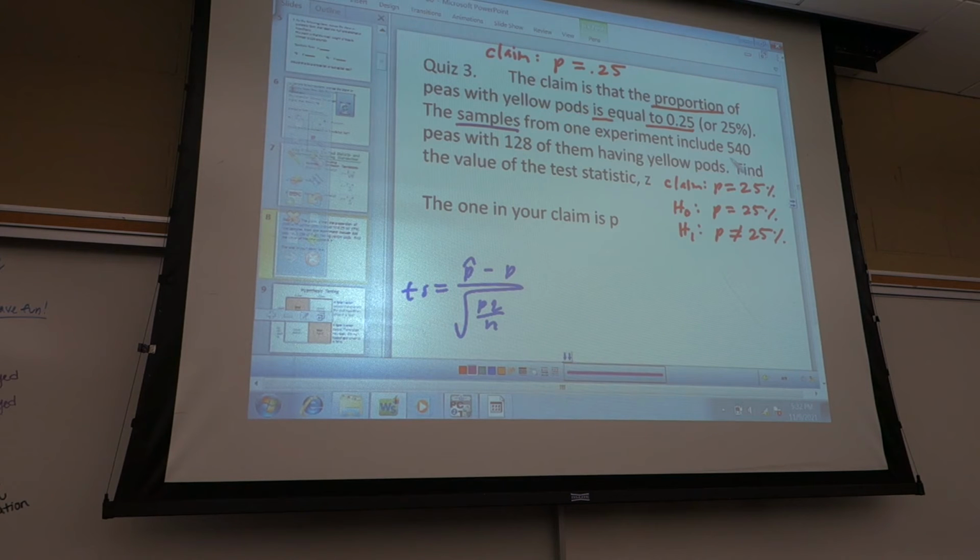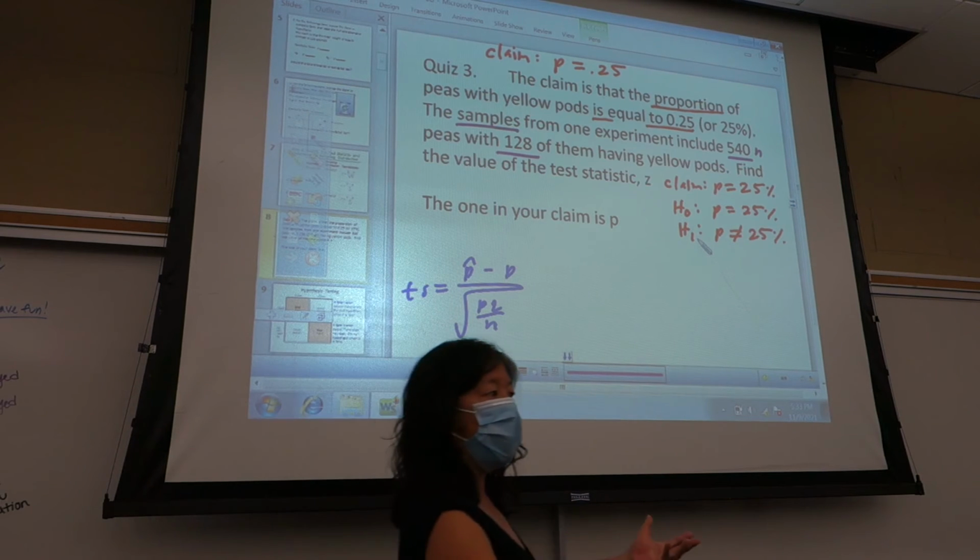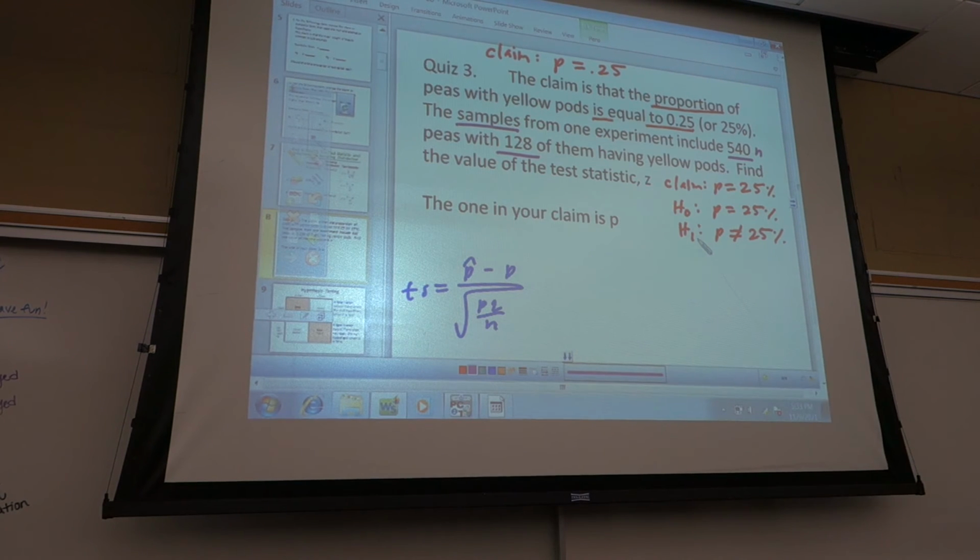My sample includes 540 peas, that's my n, with 125 of them having yellow pods. So remember, for a proportion, either you're given a percentage for your p hat, so you grab the percentage, or you're given a number of yeses, the number of people who said yes, and you have to figure out what your p hat is.